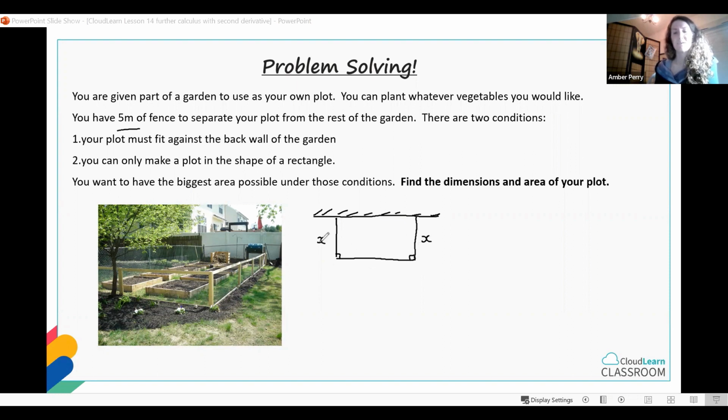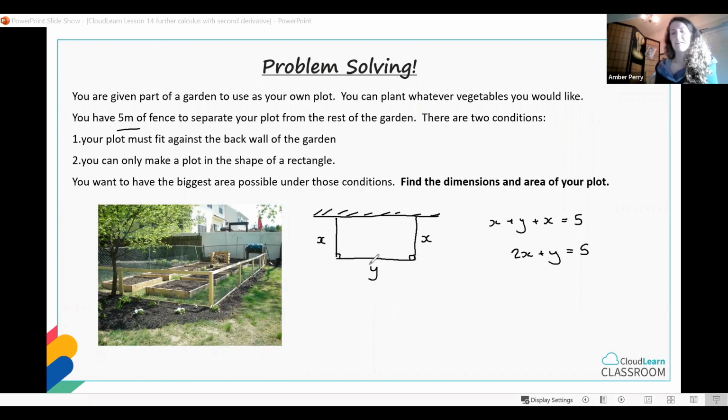These are the same, so that's X and that's X, but this is going to be Y. So I know that X plus Y plus X plus Y plus X have to be equal to 5, okay? And so I can simplify that. So simplifying that, we would have 2X plus Y equal to 5.